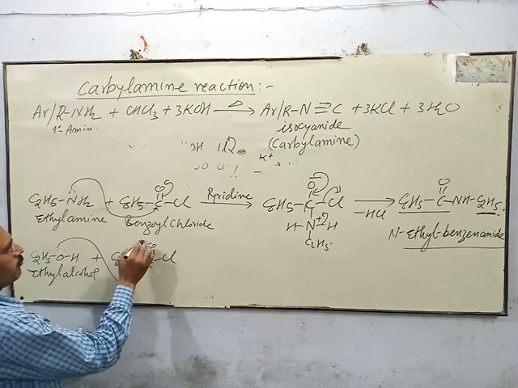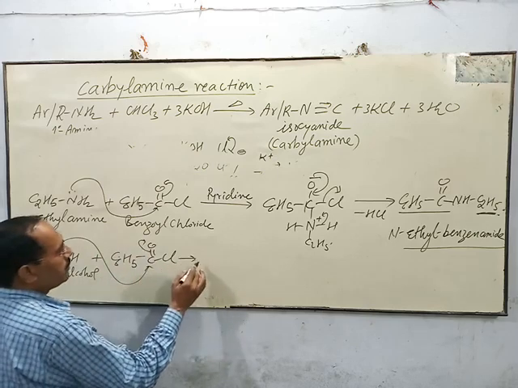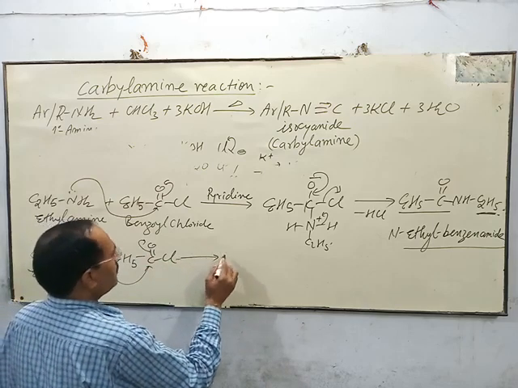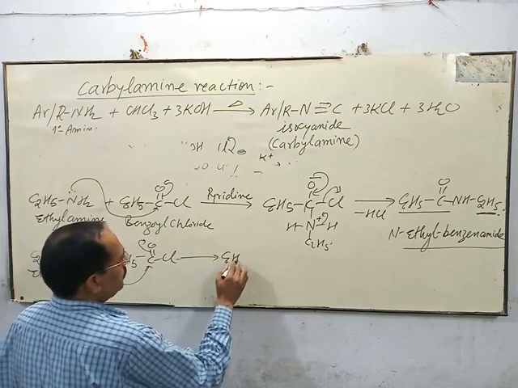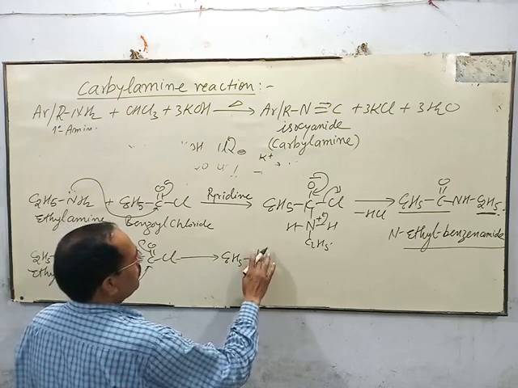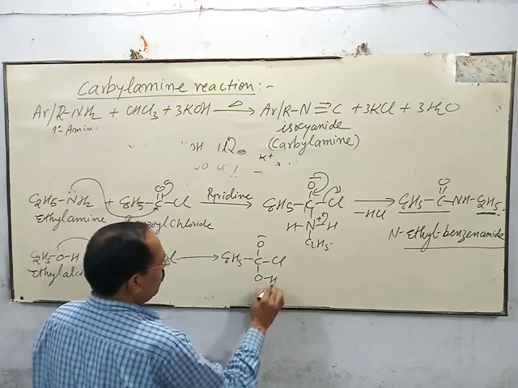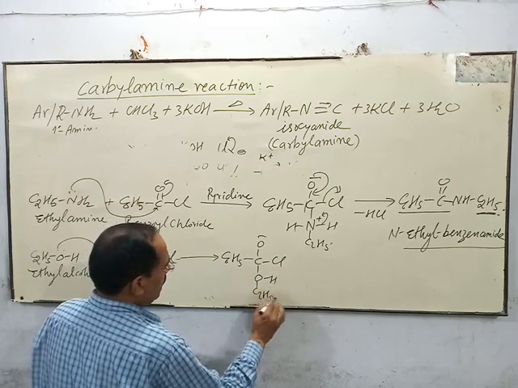It attacks in the same way in the presence of a base. There is C6H5CO, Cl minus, O, C2H5 plus.